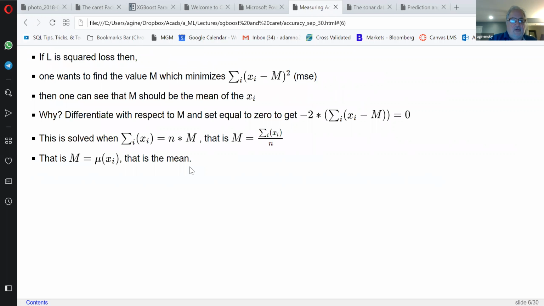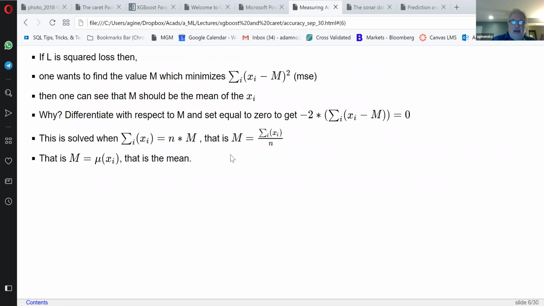Now, if you use the regular square loss, then you want to find the value m which minimizes the sum of (xi minus m) quantity squared, and that is the mean square error. And you can see pretty easily that in this case, you should take for m the mean of all the data points. And why is that? If you differentiate this expression with respect to m, then you set that equal to 0, that'll give you the m. When you solve for m, that'll give you the smallest value. Simply, this is 2 times minus 1, because there's a minus sign there, times the sum of the (xi minus m).